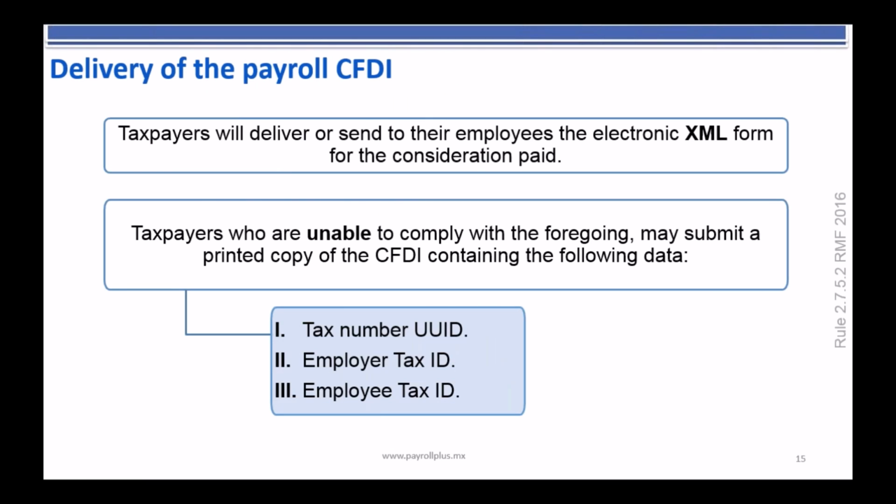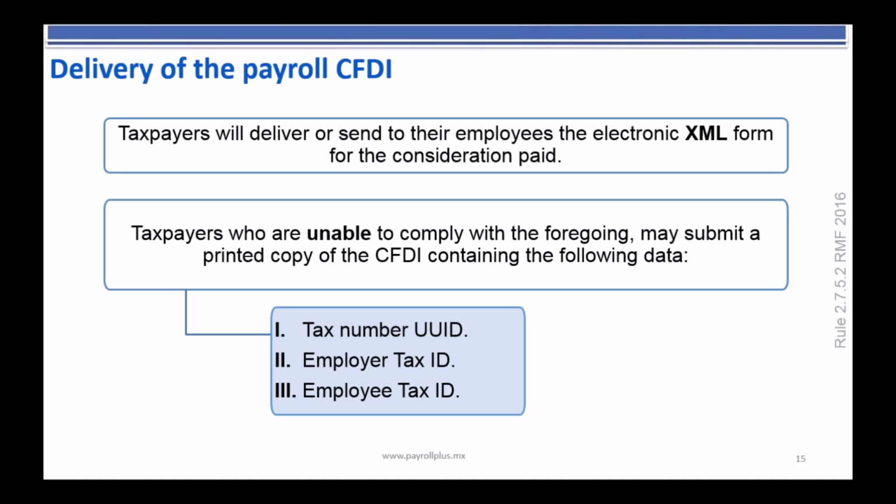Now, up to this moment, we have been talking about issuing the CFDI, which of course is one of the requirements for deduction, because if you don't issue the CFDI, this document will not exist. But another important requirement is the actual delivery of the payroll CFDI to each one of your employees.